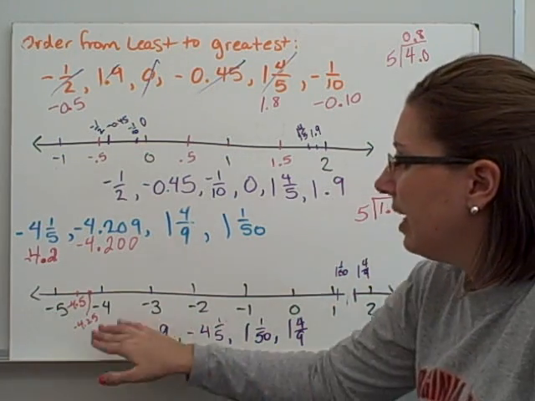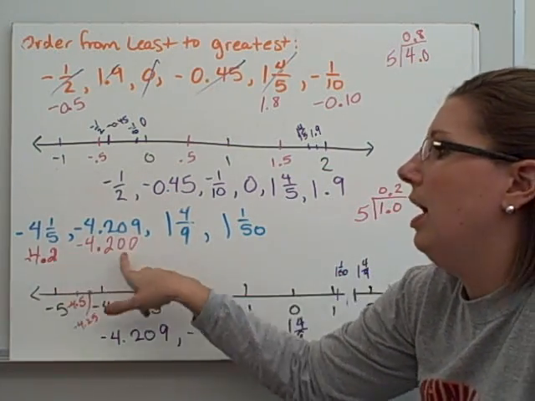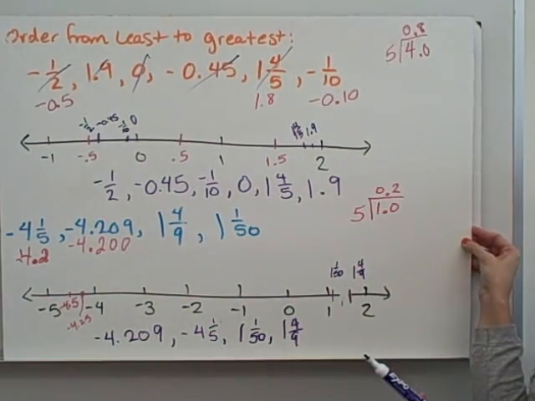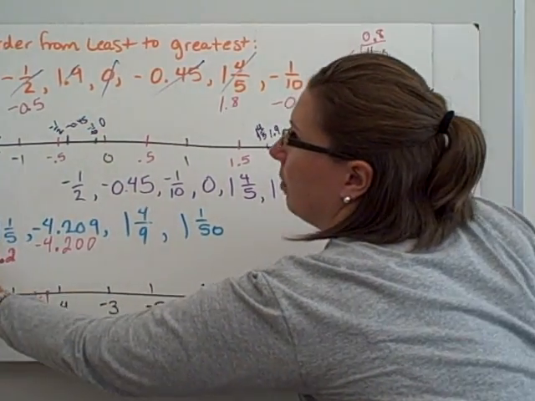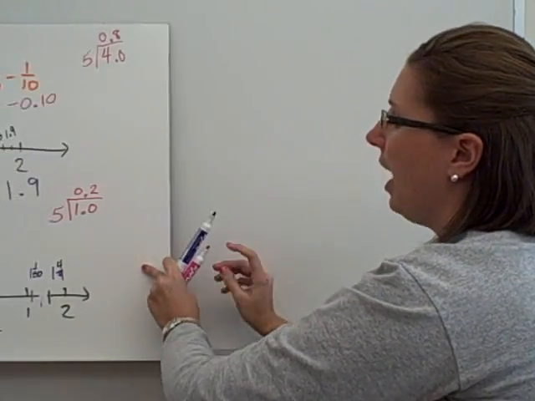Okay? Like I said, I'm going to zoom in on this area and really take a look at these two numbers. Let's see where I've got some room. Actually, let me use this board.